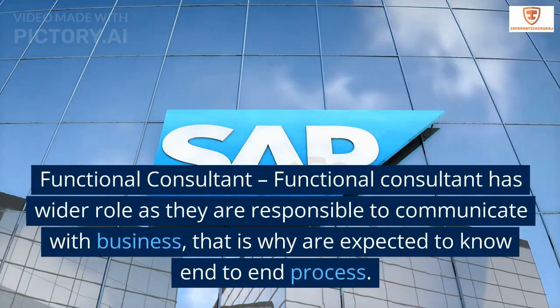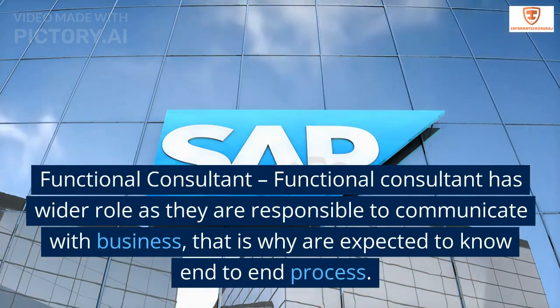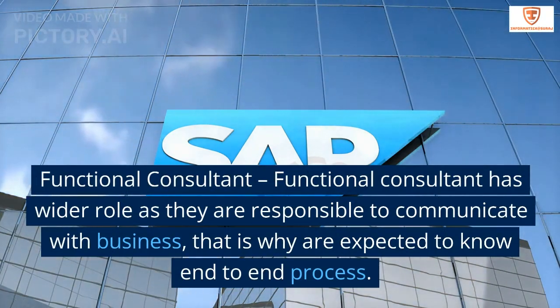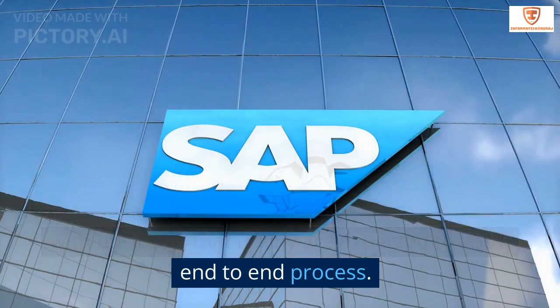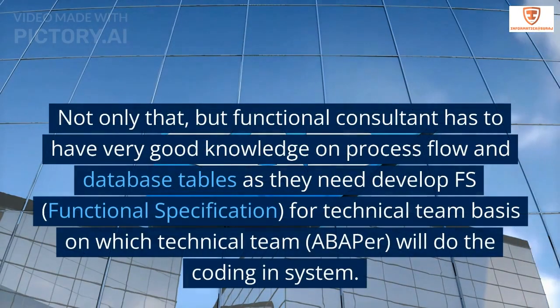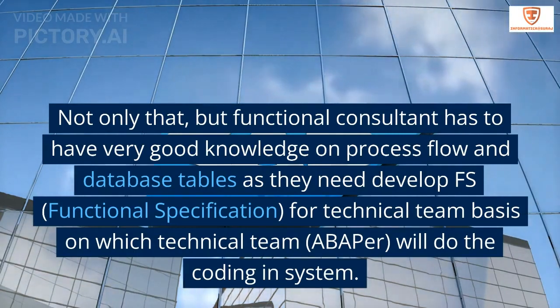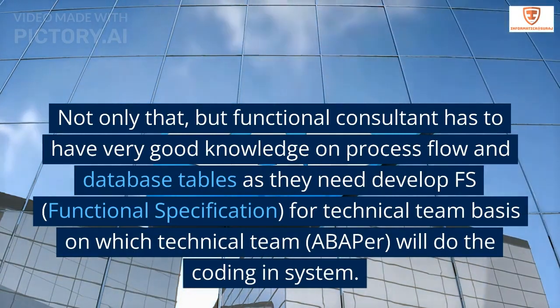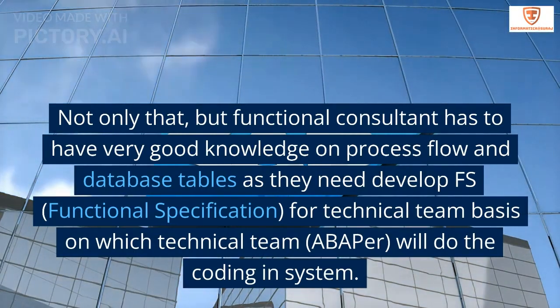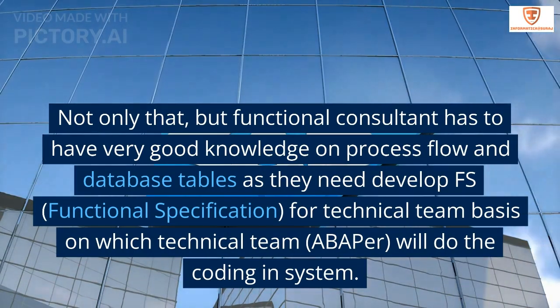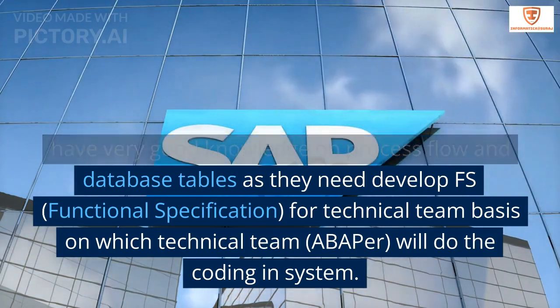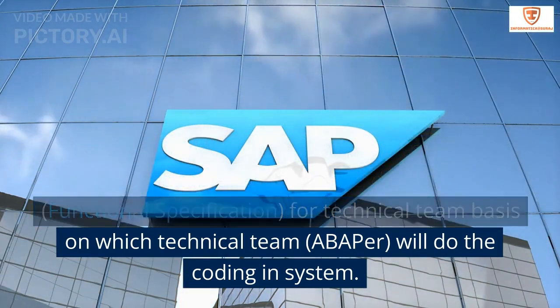The Functional Consultant has a wider role as they are responsible to communicate with business, which is why they are expected to know the end-to-end process. Not only that, but the Functional Consultant has to have very good knowledge of process flow and database tables, as they need to develop the FS, functional specification, for the technical team, based on which the technical team, an ABAPer, will do the coding in the system.